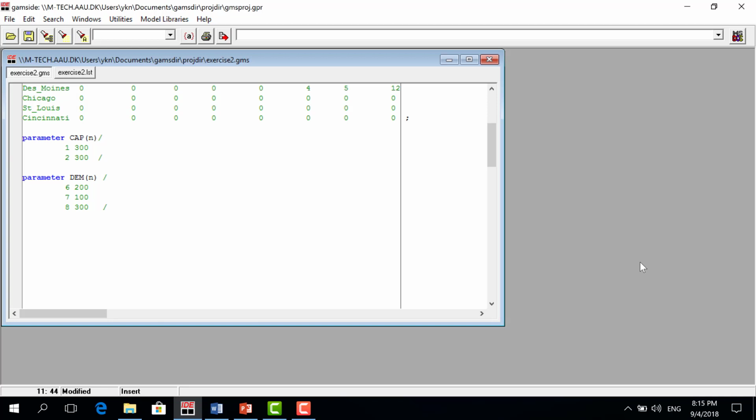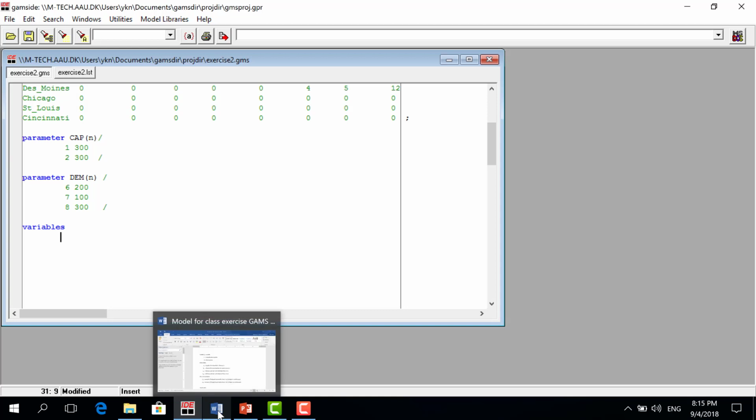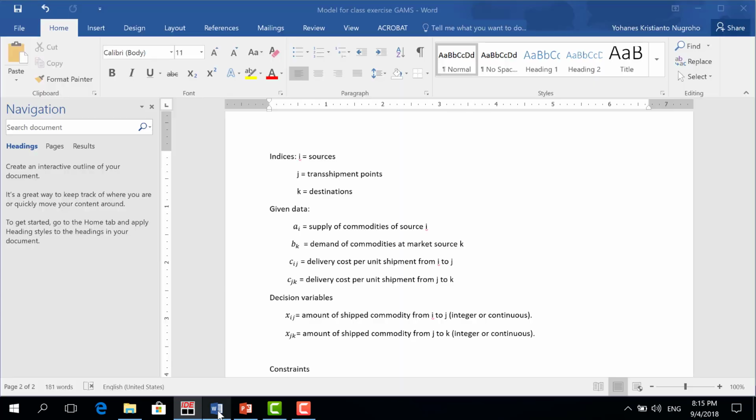The next stage is to set up the variables of this optimization model. What are the variables? Here we have two variables, xij and xjk.